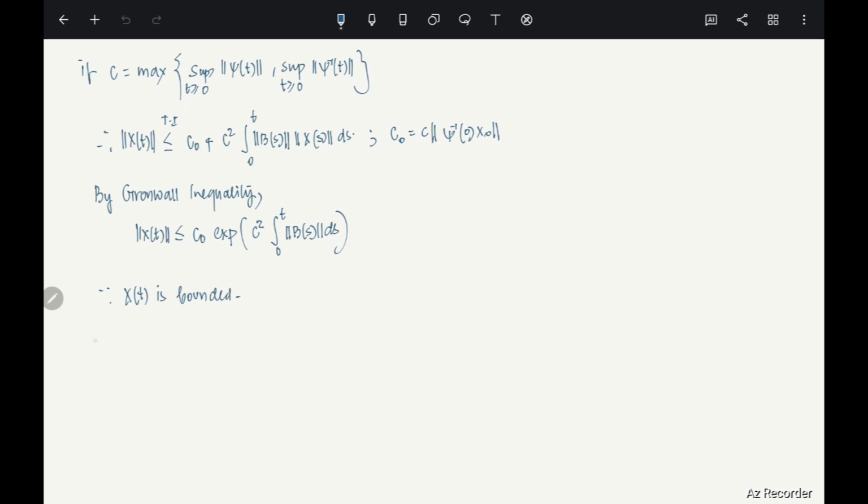The next theorem which we are going to do will be along the same lines.